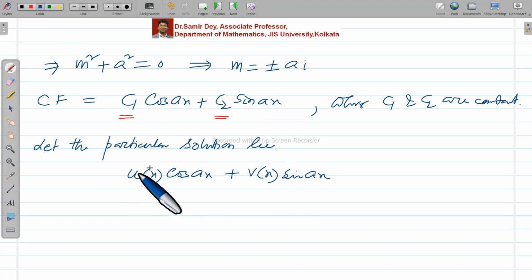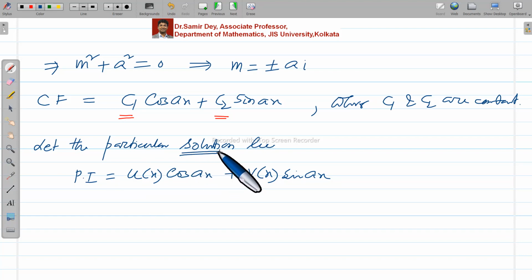So in the D operator method you write PI, so here you may write yp or PI also, there is no issue. If you want to correlate with the previous method, then you may write PI also, no problem. Ultimately, you are considering the particular integral.